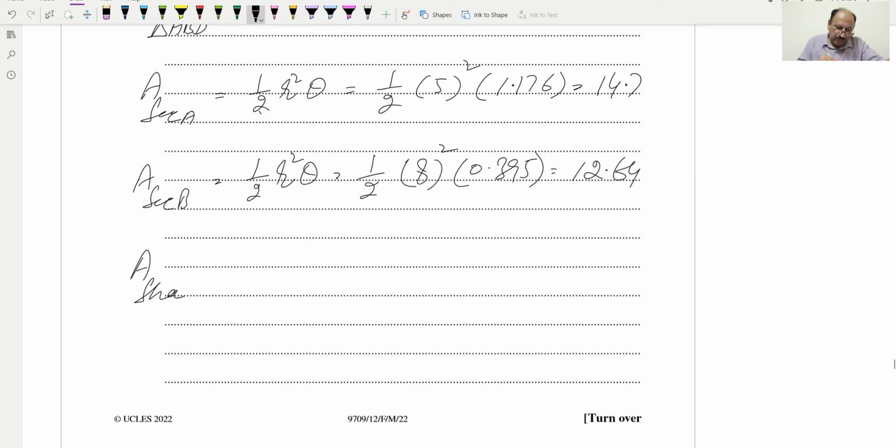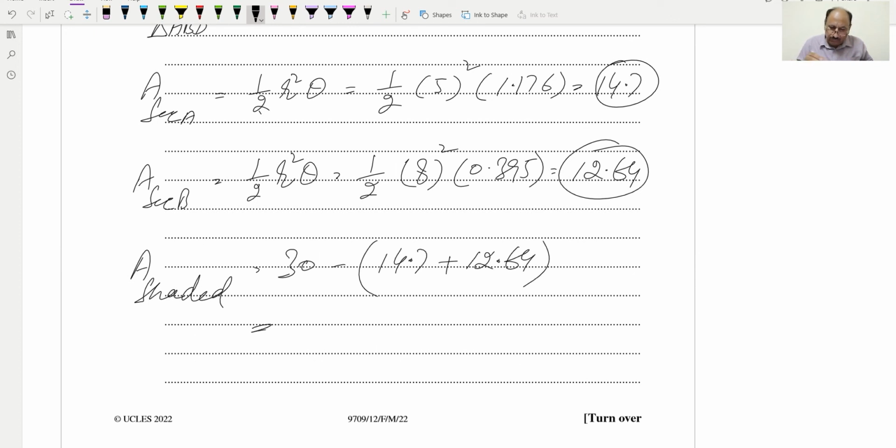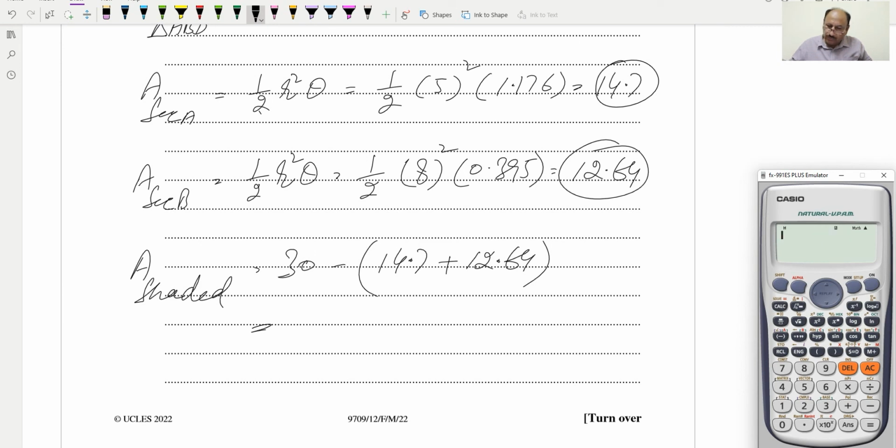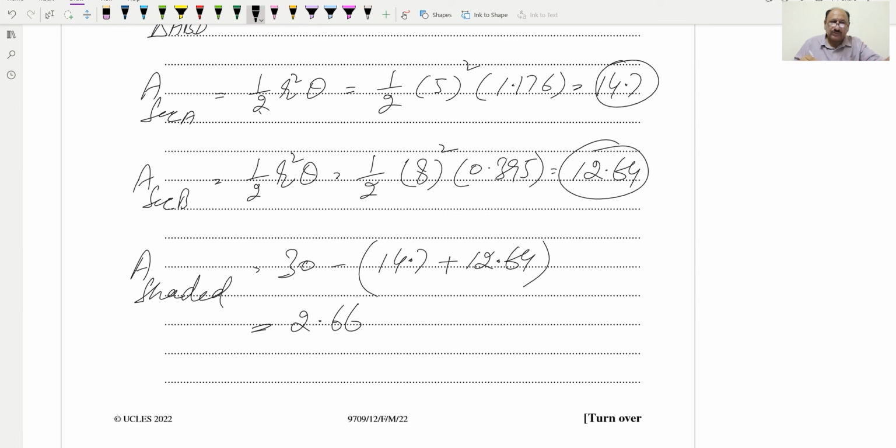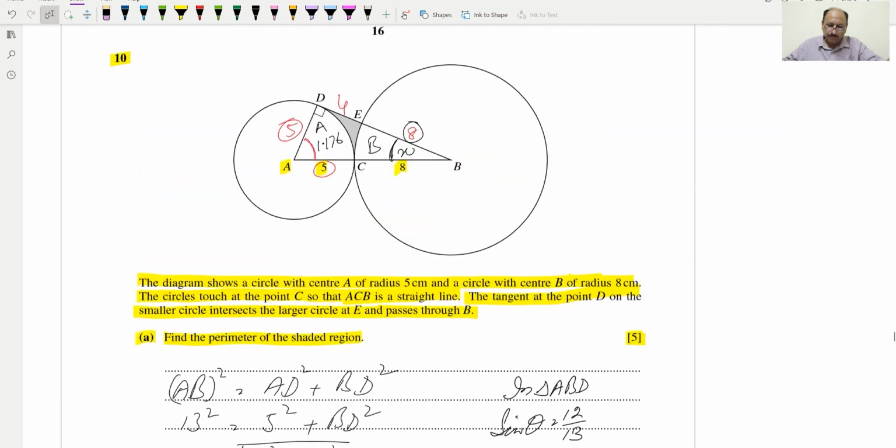So the shaded area will be equal to the area of the triangle, which we calculated as 30, minus these two areas, which are 14.7 plus 12.64. If we use the calculator, it will be 30 minus, in brackets, 14.7 plus 12.64, and this will be equal to 2.66 units, and this will be the shaded area which we found over here.